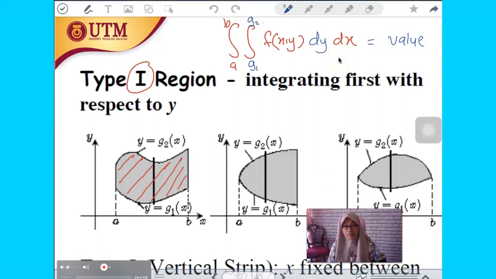That is because of the concept of definite integral, whether you have single, double or triple integral. You have to make sure that your final answer is a value, because when we have a definite integral, we must have a constant.